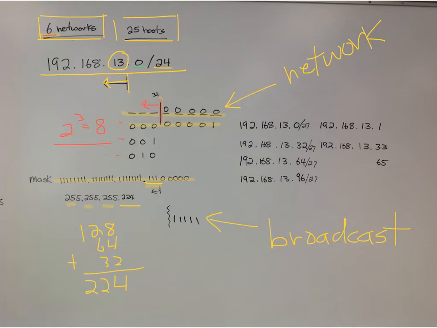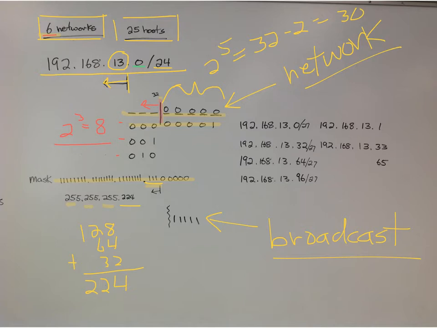And we have 5 of them. 5 bits to work with, so 2 to the 5th, 32 minus 2 for the network and the broadcast, then leaves us 30 addresses. And so we start writing them out.